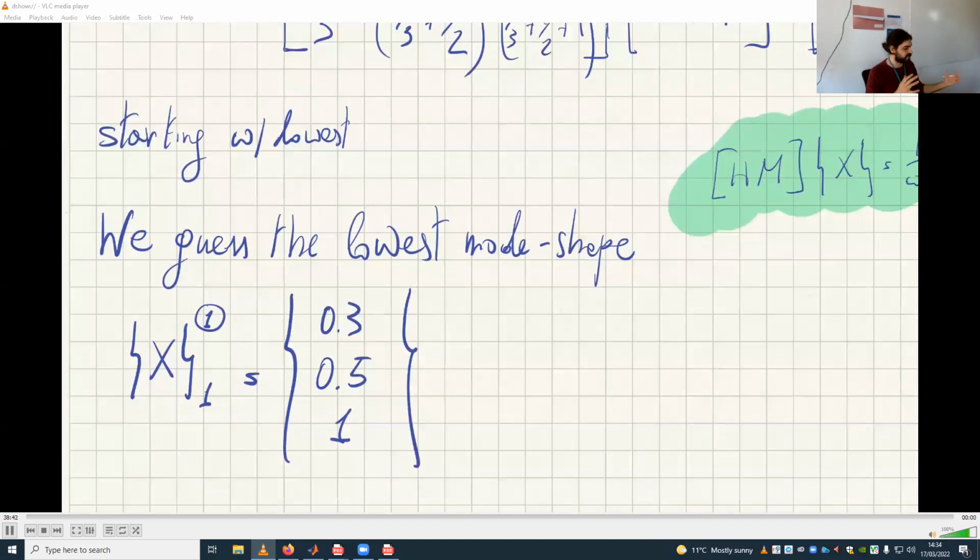So this is my first guess. I'll say 0.3, 0.5, 1. Again, this is not a mistake, it's a guess. So whatever you put inside will work. Even if you choose a completely unreasonable choice, after many iterations, you will still converge to the correct value, regardless of what your initial guess is. But if you make an informed guess, a good guess, you will need 1 or 2 iterations at most.